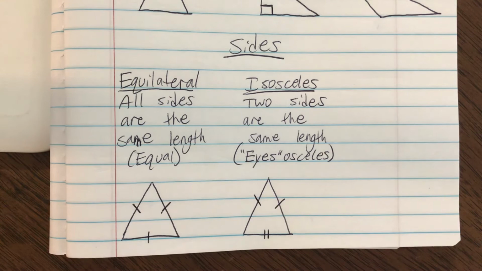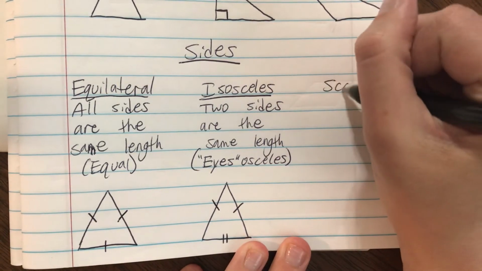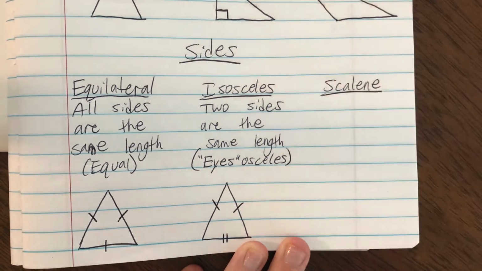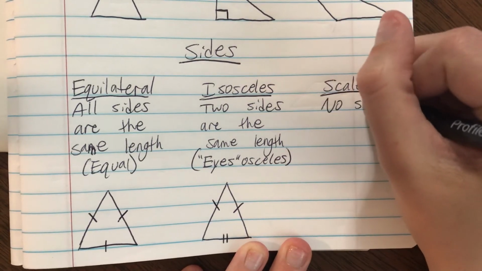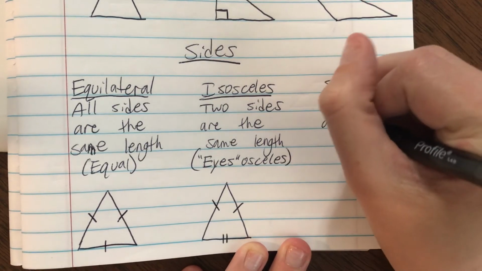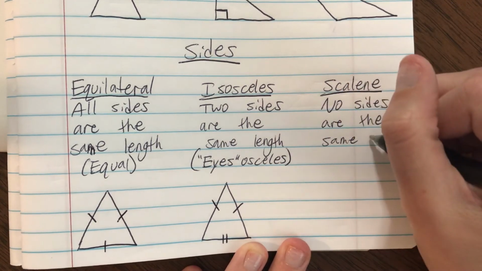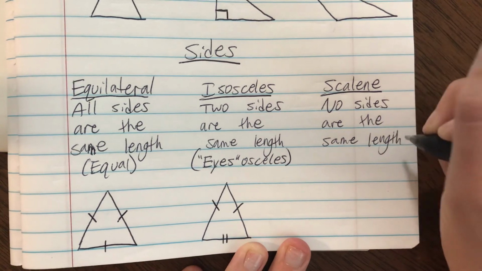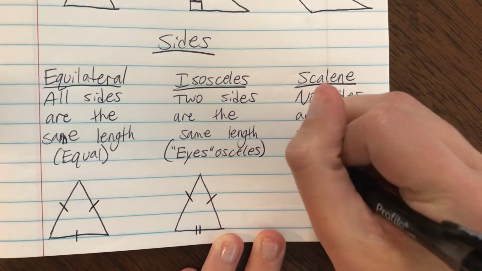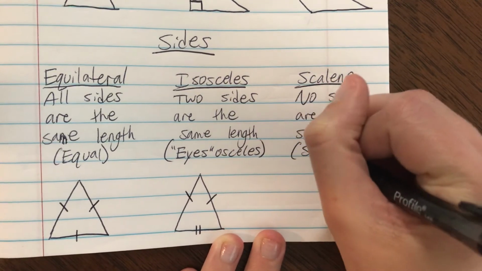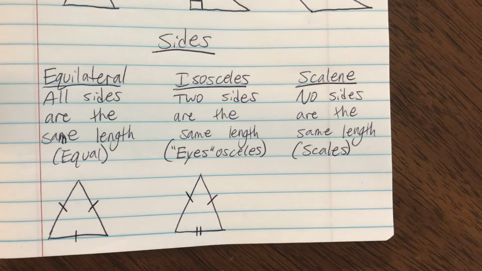The last type of side triangle that we are going to look at is called a scalene. A scalene triangle is going to have no sides the same length. All sides are different. The way that we can remember our scalene triangle is to think about scales. Think about some fish scales or even some snake scales.